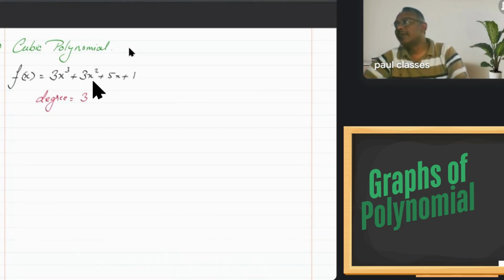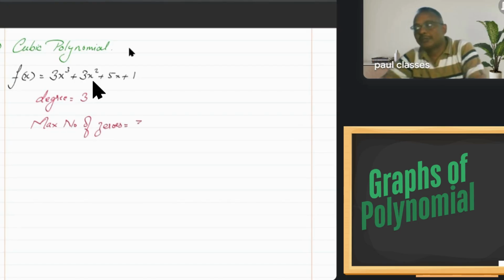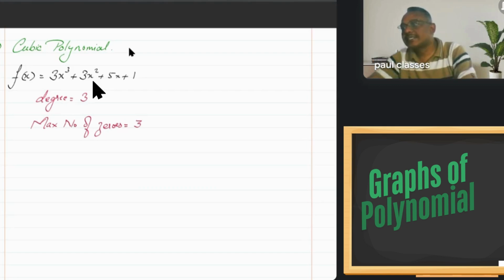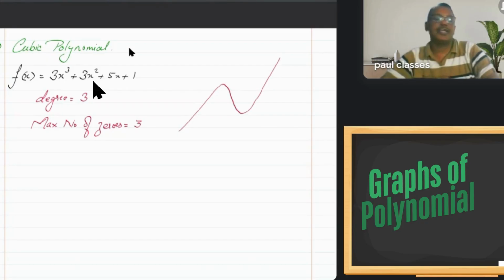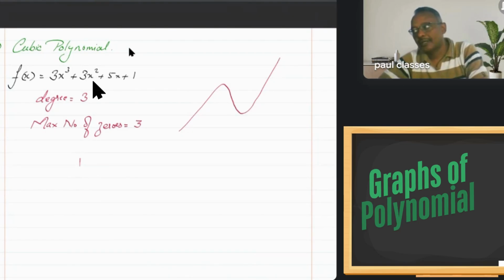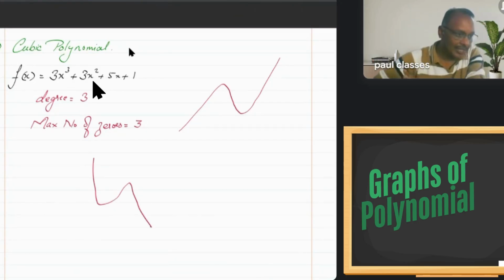If the degree is 3, then the maximum number of zeros should be 3. How does its graph look? Its graph looks like this, always either like this or like this. The graph of a cubic polynomial always looks like this.